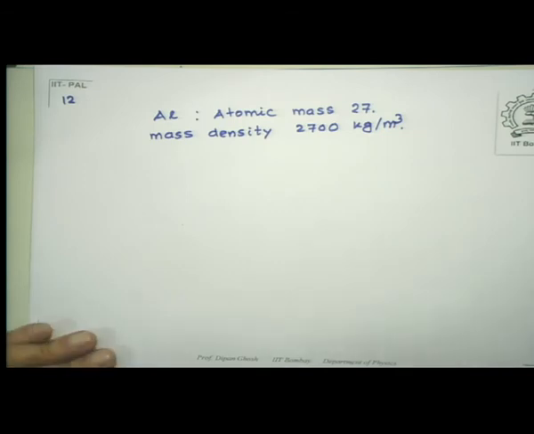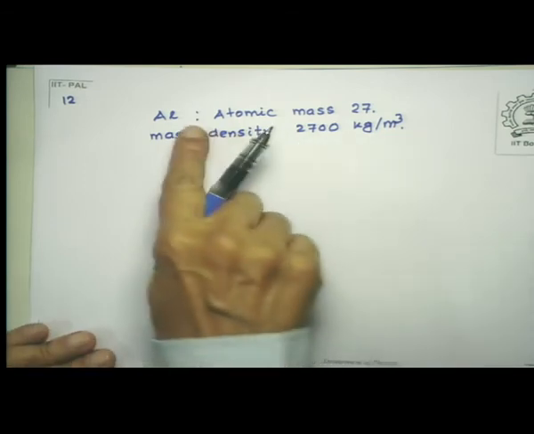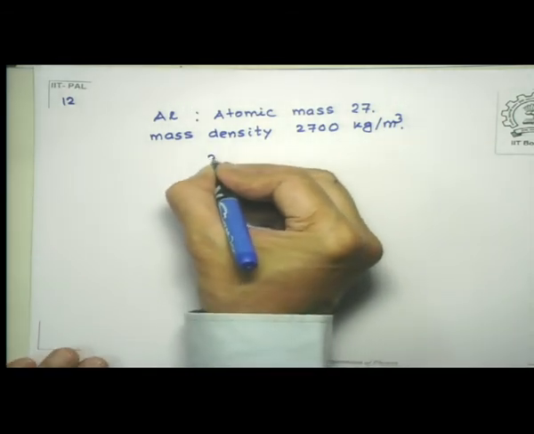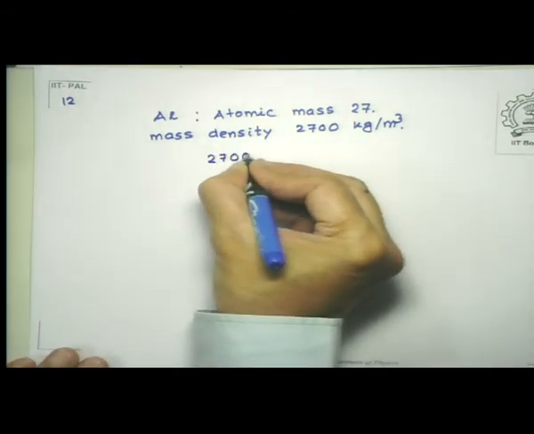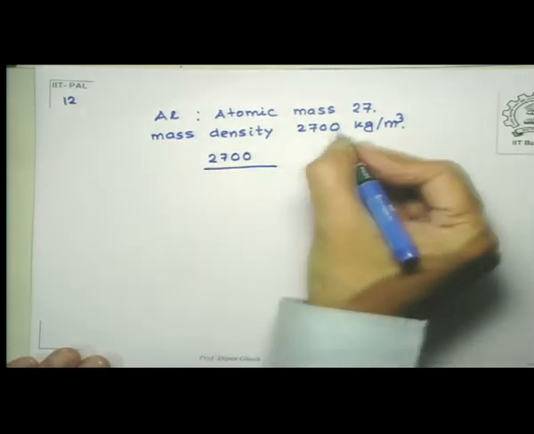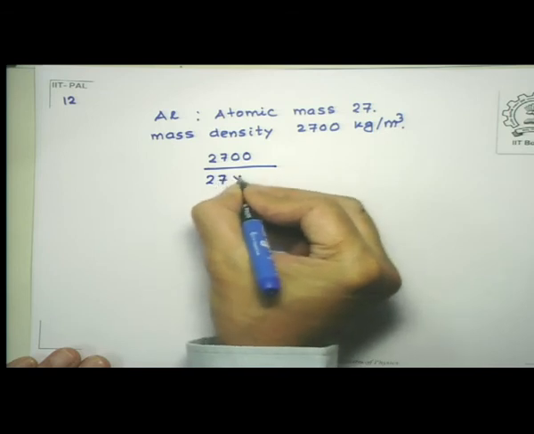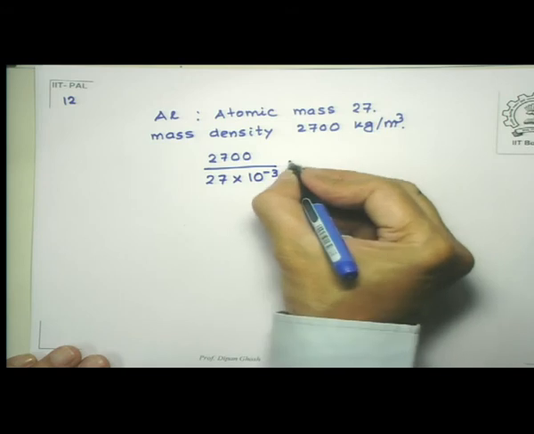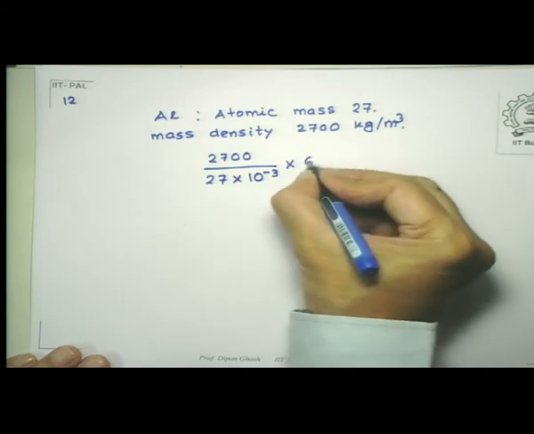We find out how many atoms there are in aluminum: I have a mass density, which is the mass of 1 meter cube, then I divide it by the atomic mass, taking care to write it in kg, and multiply by Avogadro's number, 6 into 10 to the power 23.